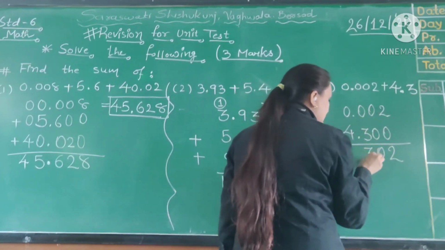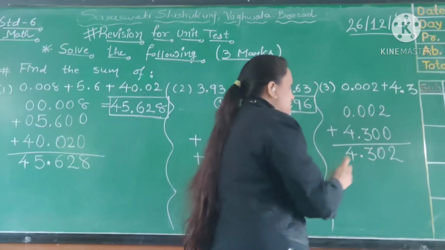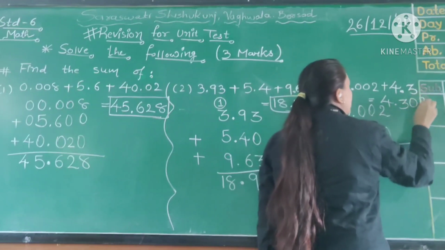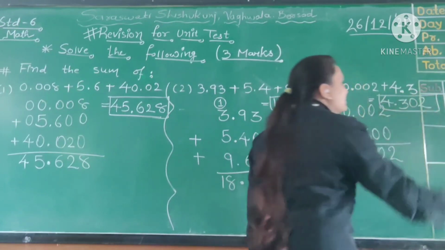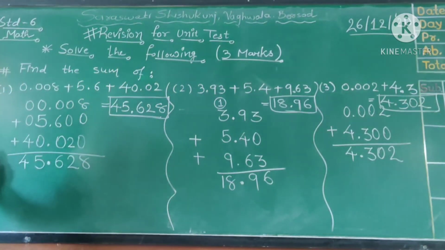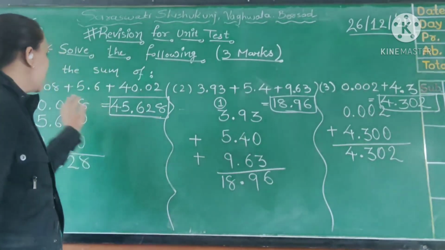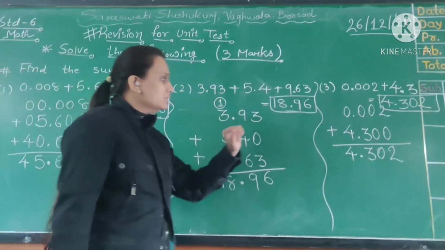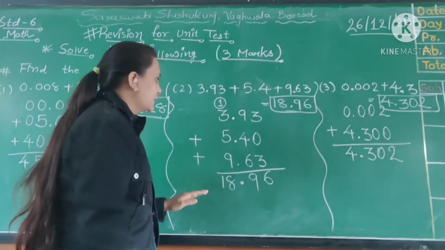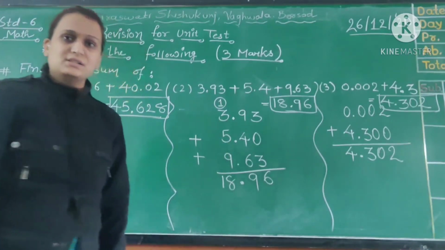Then 0 plus 3, 3. Then 0 plus 4, 4. So the answer of the third number is 4.302. In this question we have learned how to add different decimal numbers. In the first two questions we had 3 numbers and in the third we had 2 numbers. You can add all the decimal numbers by their place value. So this is your first question.